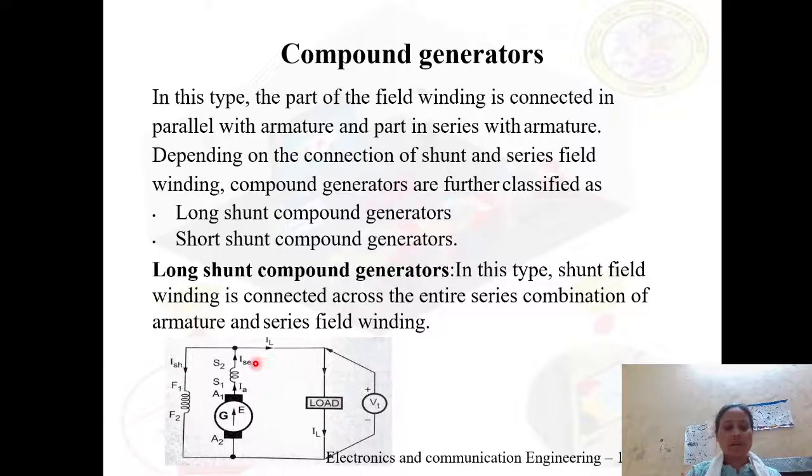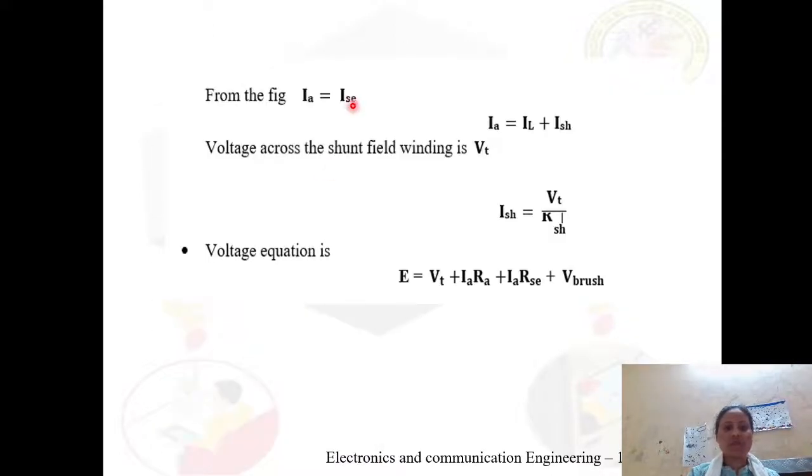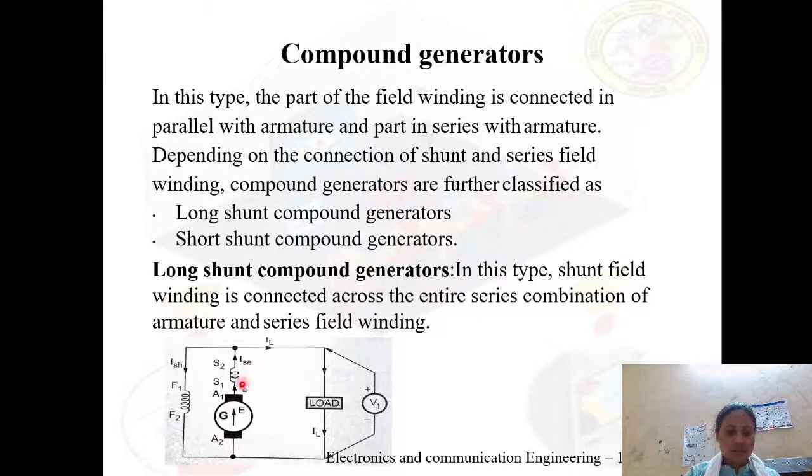So we can write the expression for the current as Ia is equal to ISE, and Ia or ISE is equal to IL plus ISH. Okay, so this Ia should be equal to ISE, and this Ia or ISE should be equal to IL plus ISH.